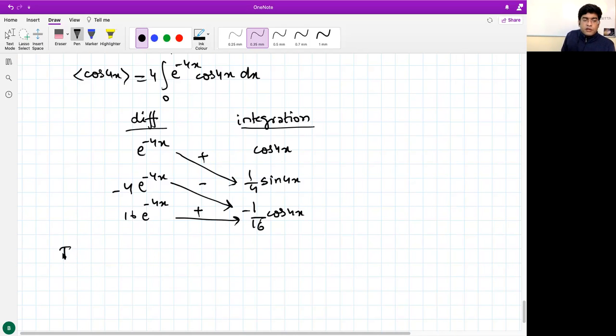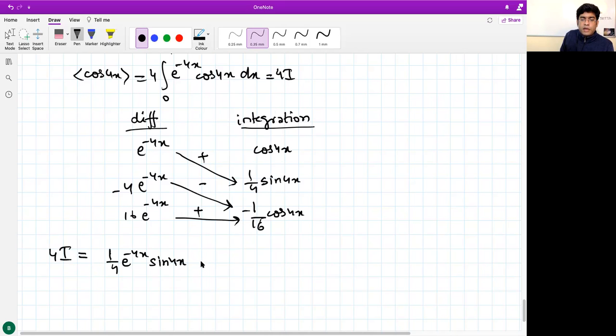Now let's write down the integral. Let's label this to be I. This is say 4I. Okay. So 4I is equal to 1 by 4 e to the power minus 4x sin 4x.